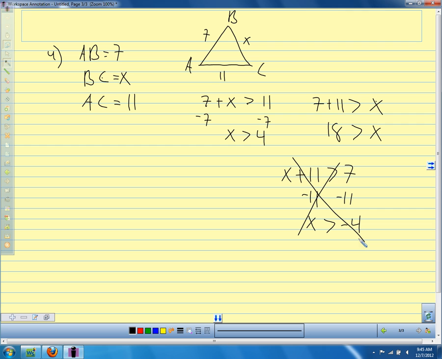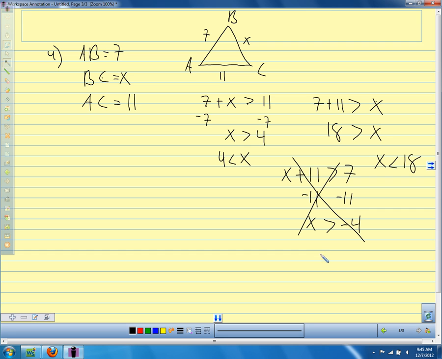Yes? So, are we trying to find an x? Yes. So, x would be greater than 4 and less than 18. This says 18 is greater than x. So if I turn this around, this says 4 is less than x, and this one says, if I just flip the order, x is less than 18.